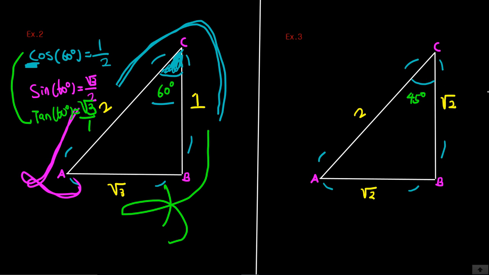Let's go to our last thing. And here we know that 45 degrees is our central angle. So that means whatever becomes a sine, cosine, or tangent, it starts with the line common to the central angle. So let's think about it in this way.